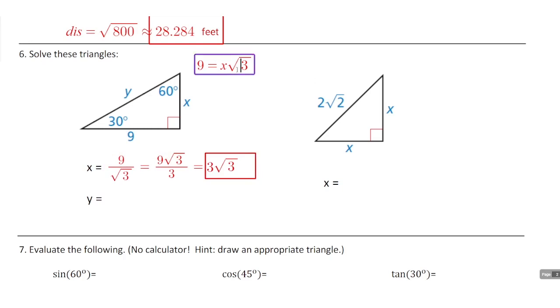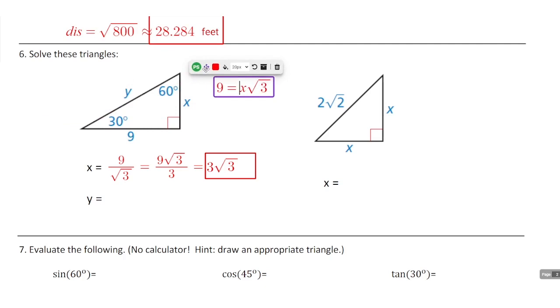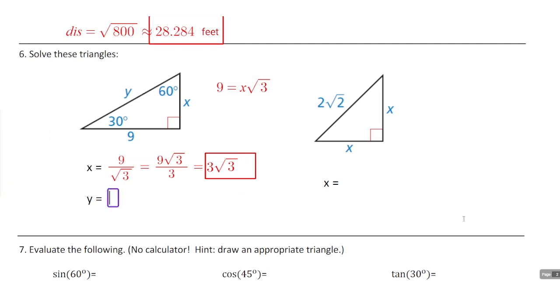This is really how we got started here: if the ratio is x, 2x, to x root 3, and this is the x root 3, then we can solve that for x. So y is going to be 2x. Y equals 2x, right?